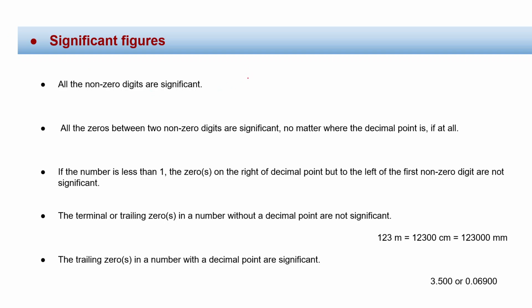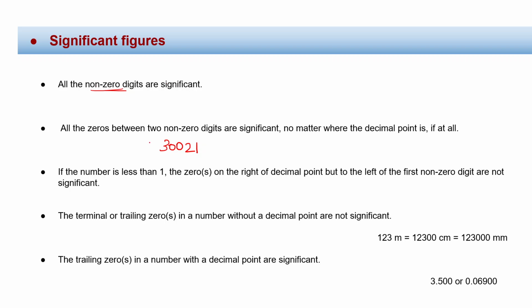This is pretty straightforward: all non-zero digits are significant, whether they come before the decimal, after the decimal, or anywhere. All the zeros between two non-zero digits are significant, no matter where the decimal point is. What this means is, if I did some measurement and I have a number like 30021, then zeros at the end are not significant, but non-zero digits are significant.